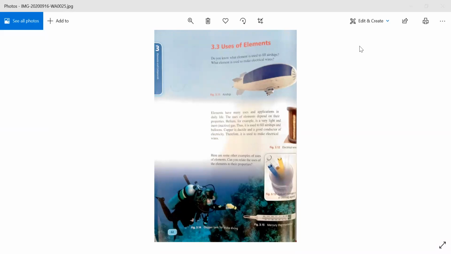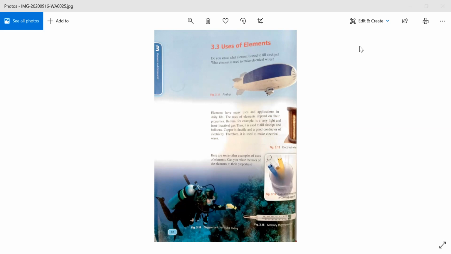Now, beta, before page number 62, we have discussed that there are different elements, and different elements can be classified according to metallic elements or non-metallic elements. And now we are going to discuss what the uses of elements are, where we can use those elements and why we can use those elements.